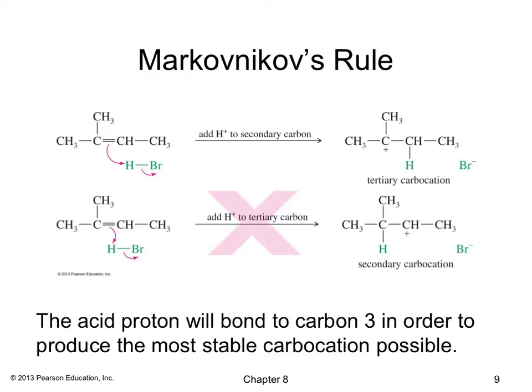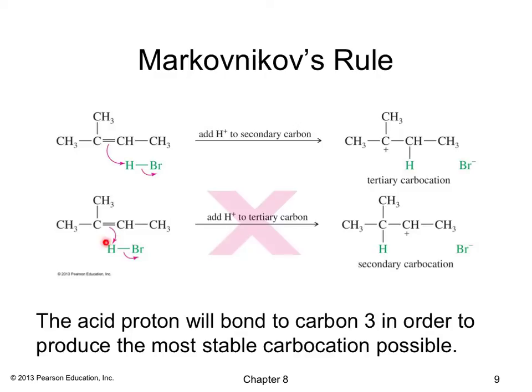So if we look at Markovnikov's rule in practice, here's the addition of HBr to an alkene. First thing again, nucleophilic attack, H goes to the secondary carbon, because then it would form a tertiary carbocation, which is more stable.